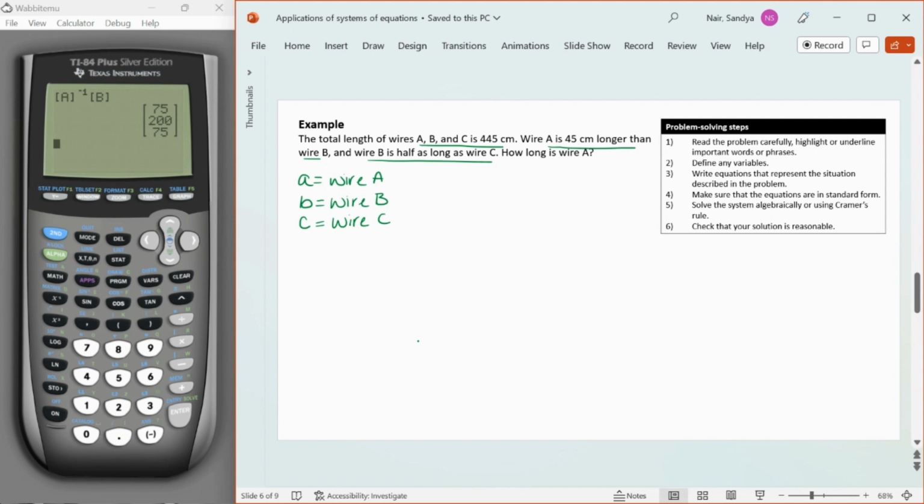So here we have a sentence that tells us about the total, right? So the total length is 445. Whenever we see total, that means we're just going to add everything up, and that's going to equal 445.